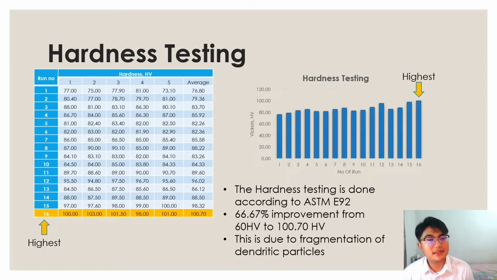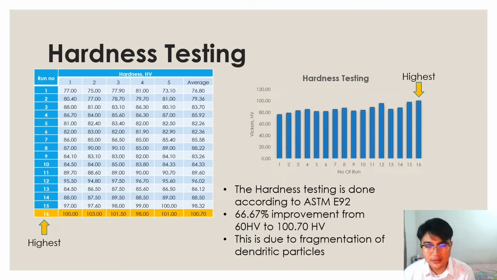So for hardness testing, after we have done the hardness testing following ASTM guide E92, the table shows that run number 16 recorded the highest value among all.